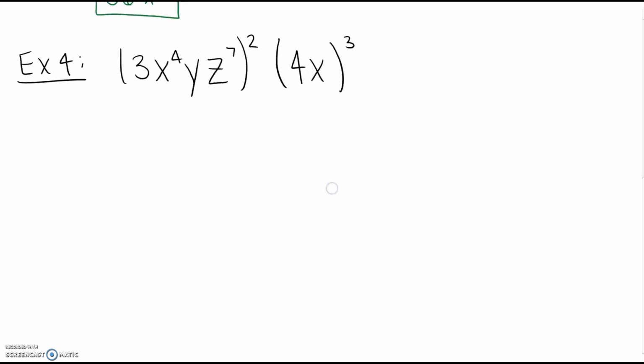So we're going to do 3 squared, 4 times 2, x to the 8th. Y is technically to the 1st, so this will be y to the 2nd. 7 times 2. Then I'd do it for this one.